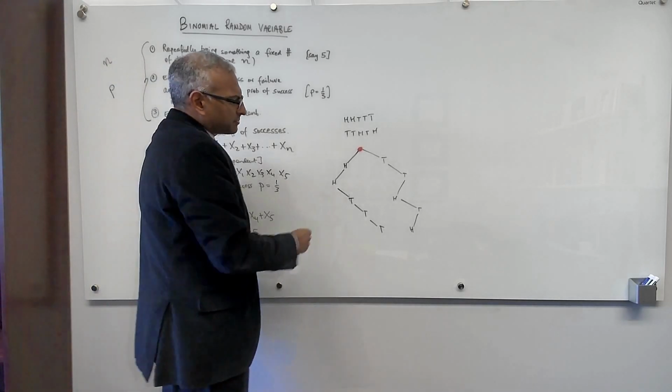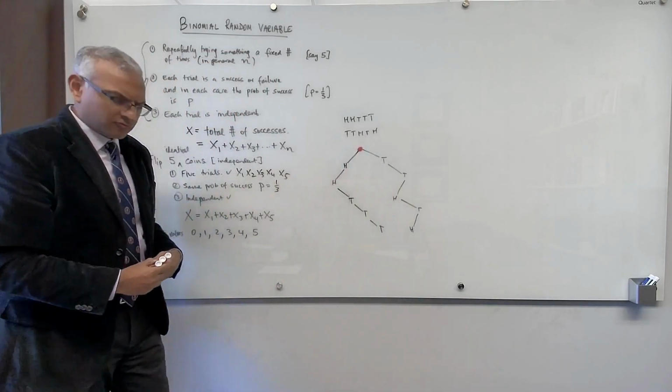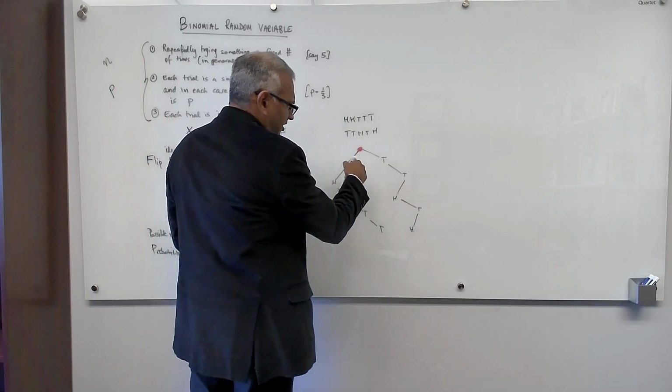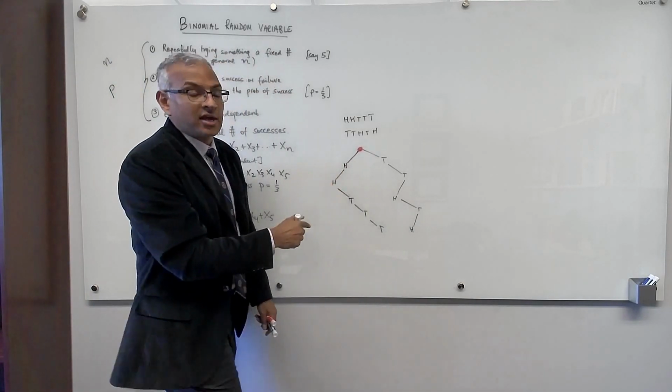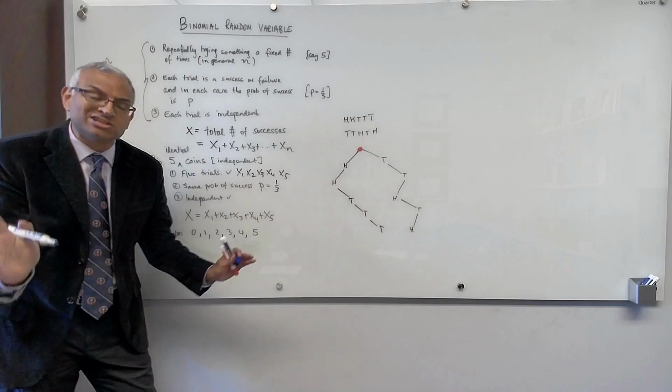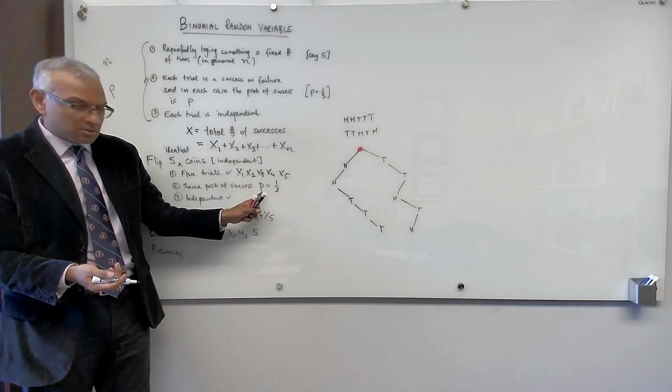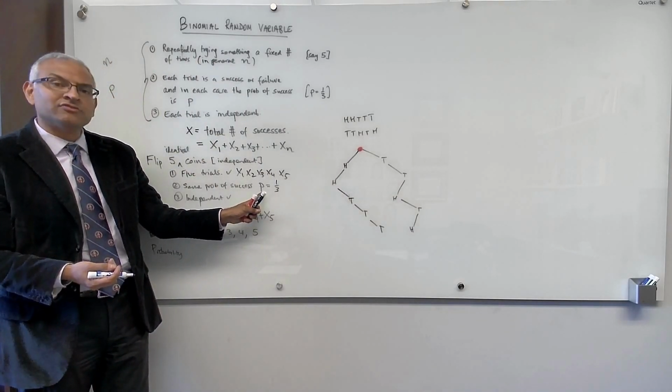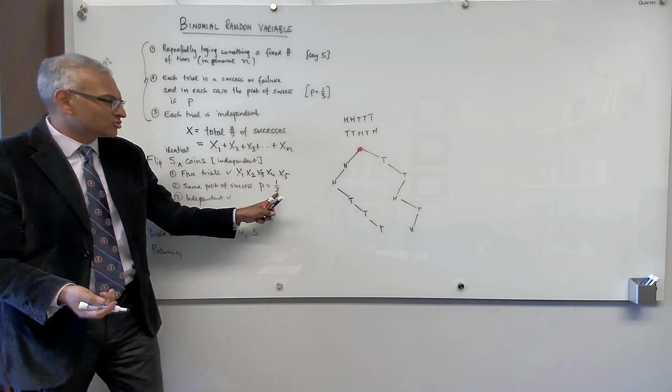Let's put probabilities on each of these edges. If it was a fair coin, this edge probability would be half-half. But now I want to be general. I'm imagining a probability of success p, and just to illustrate, let's use p equals a third.